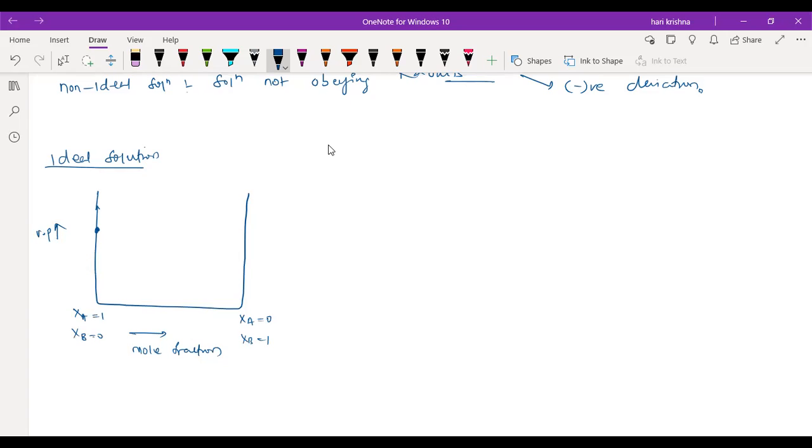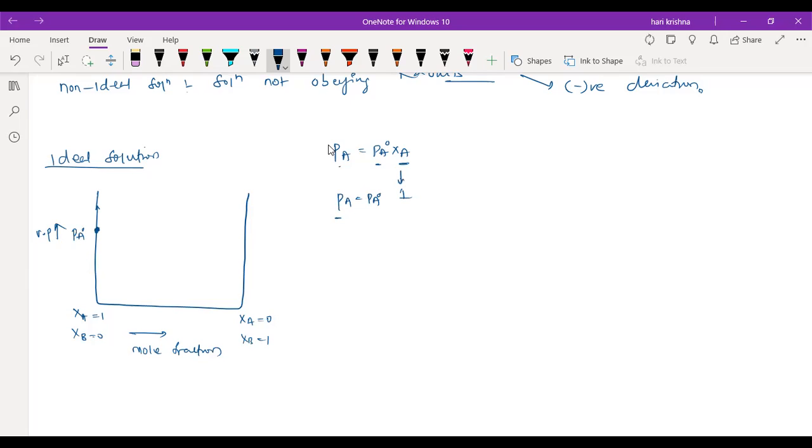So if PA is equal to PA naught XA, if XA is equal to 1 now, PA is equal to PA naught only, right? That means the vapor pressure will be maximum whenever XA is equal to 1. So this is a maximum point. There is a PA naught point.